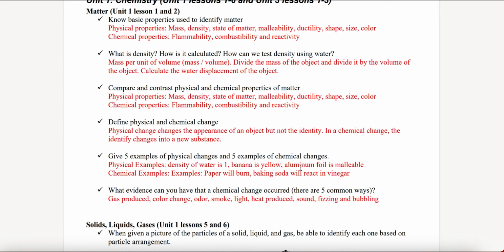The aluminum foil is malleable. And for chemical examples, paper will burn, it will most likely change into something else, and baking soda will react with the vinegar. So those are the chemical examples.